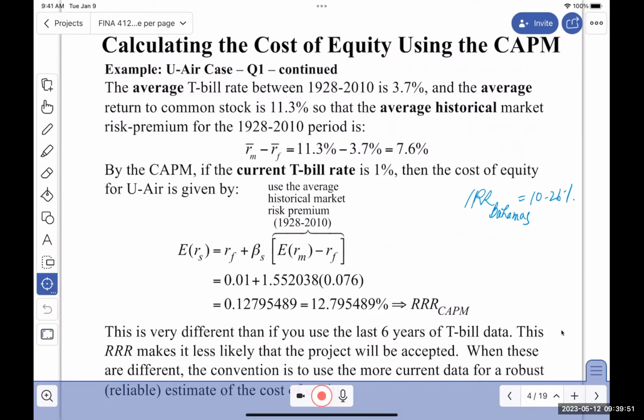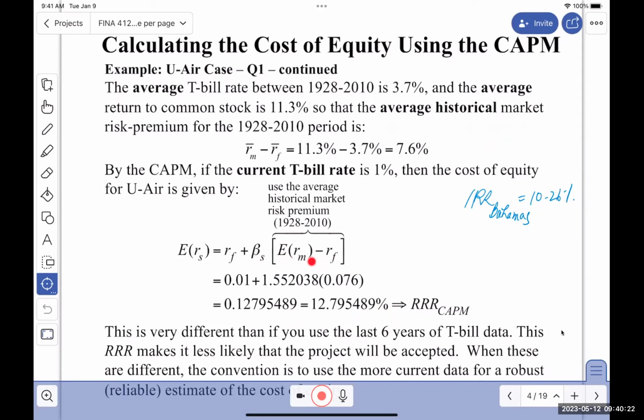I know, but this one is using the cost of equity with a different set of years. This is the decision you have to make.